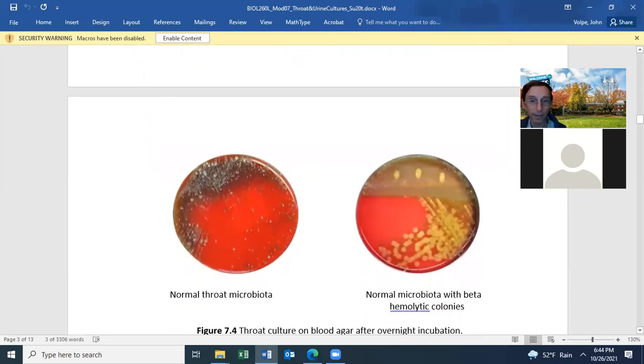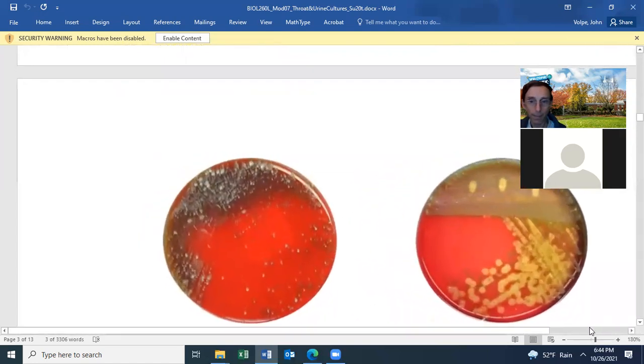Let me see if I can blow this up. I don't know how visible that is, but in the center there, that's the colony. And this white ring around it is beta hemolytic activity in the blood agar plate.